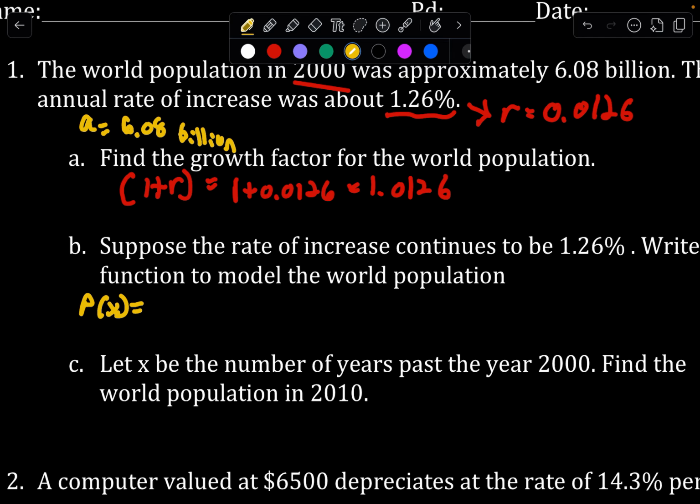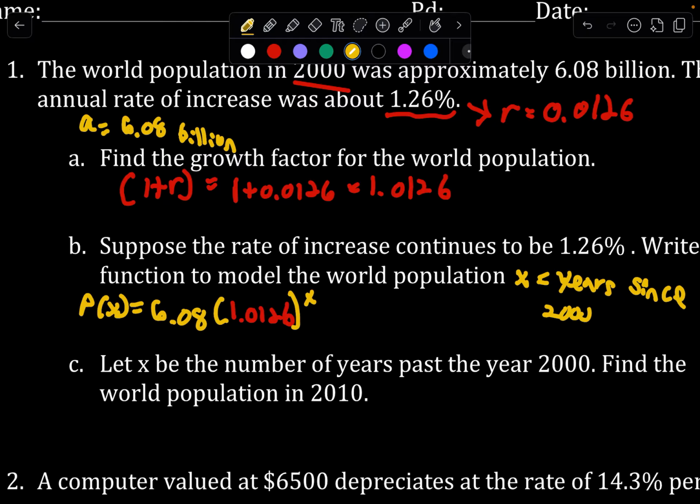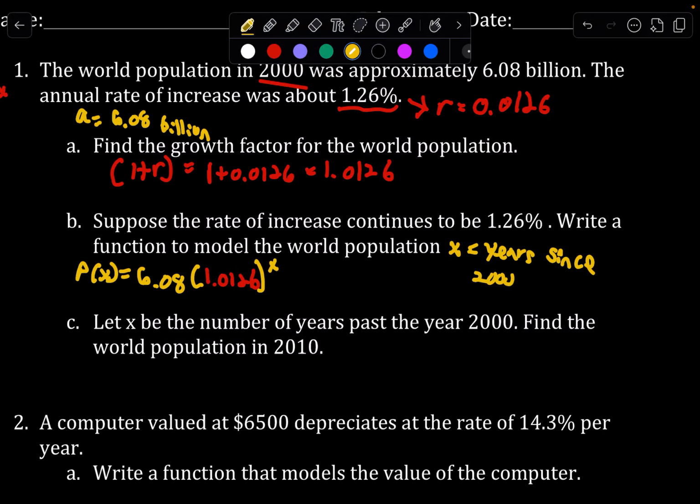So this is going to be 6.08 times the growth factor of 1.0126 to the x power, where x is years since 2000. Okay? So let x be the number of years past the year 2000.